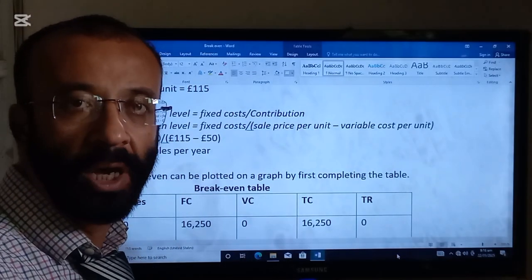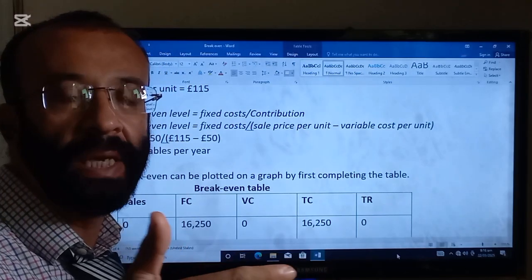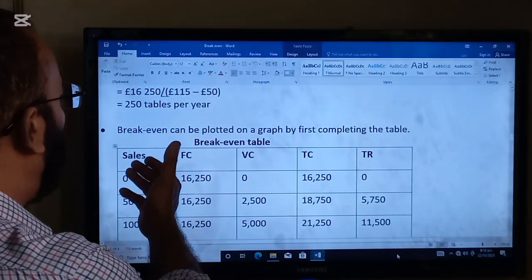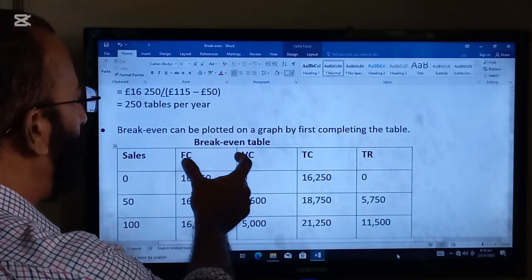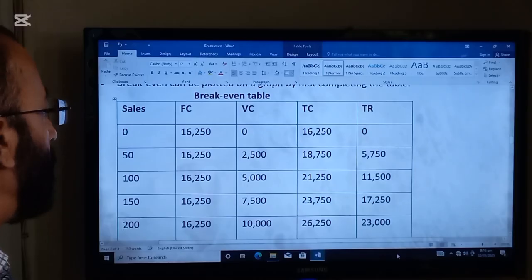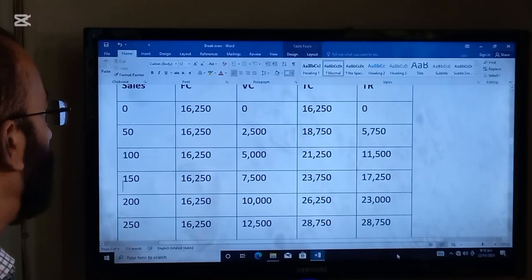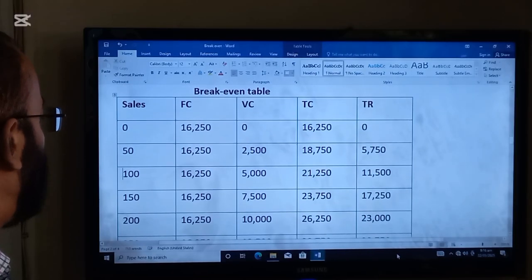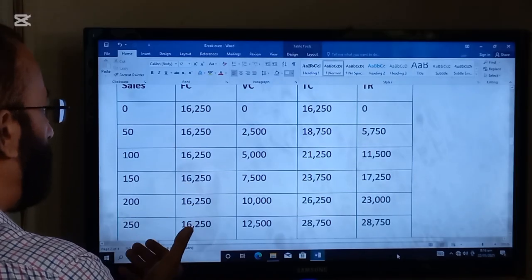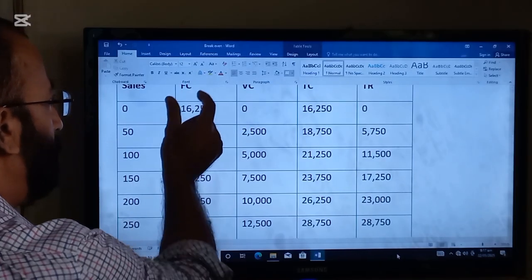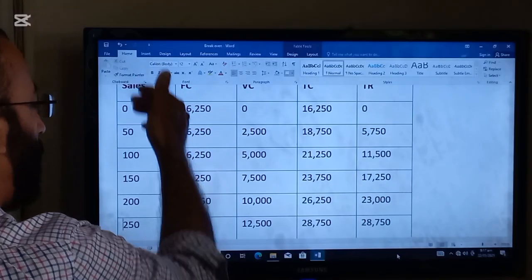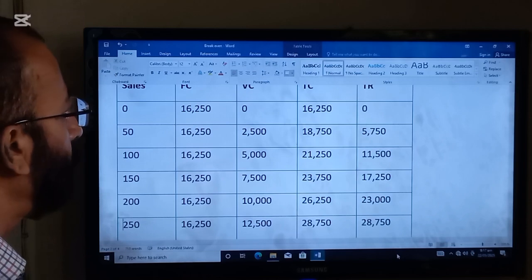Now we are going to solve the same question by using a graph. Break even can be plotted on a graph by first completing the table. Sales are 0, 50, 100, 150, 200, 250 and so on. Fixed cost will remain the same, 16,250, at every level of production.